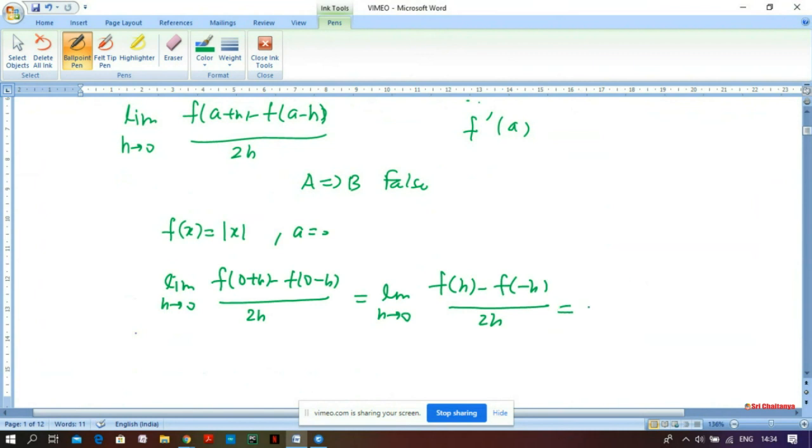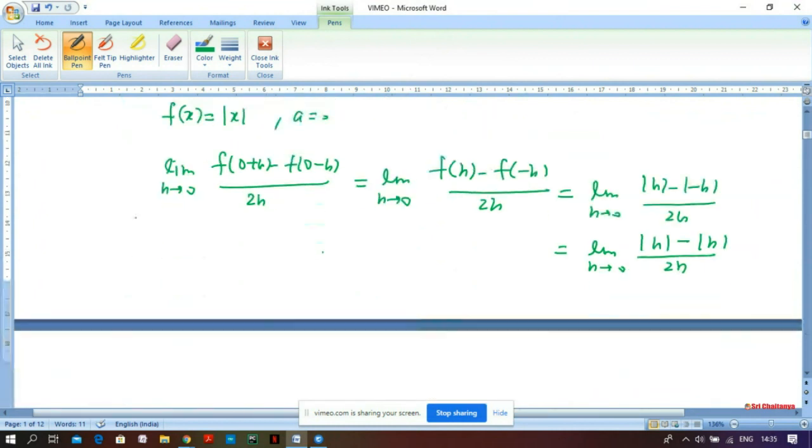Now, by definition, f of x is modulus of x, so this is the limit as h tends to 0 of (mod of h minus mod of minus h) upon 2h. As you know, modulus of negative h is the same as modulus of h. So we end up with this.